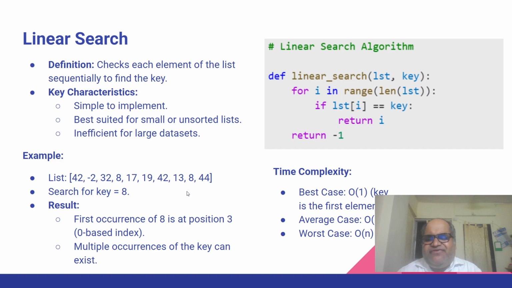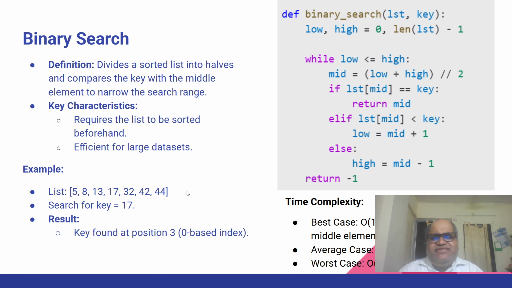Both your average and worst case are O(n), because one complete loop and you have to go through it. Binary search is where we will spend a good amount of time, and this is also a topic which is tested more often, and many a time you have a 3 to 5 marks question.